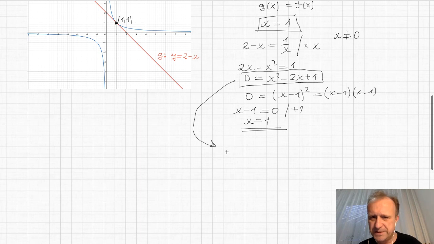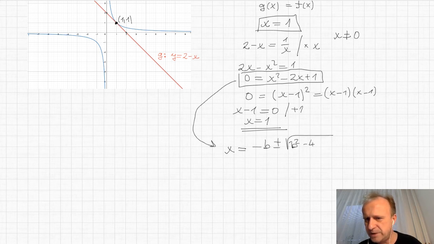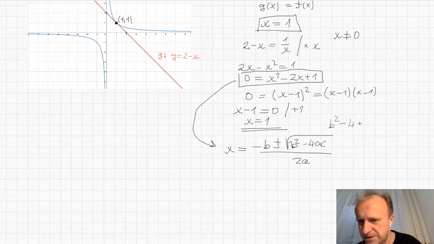In this method, I would just write x equals minus b plus or minus the square root of b squared minus 4ac over 2a. This expression here, b squared minus 4ac, is what is called the discriminant of the equation.